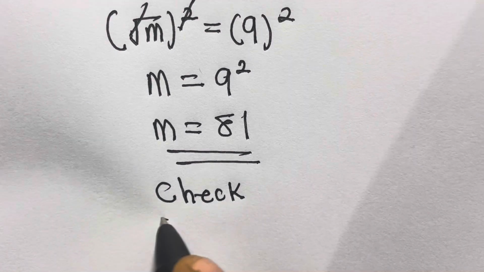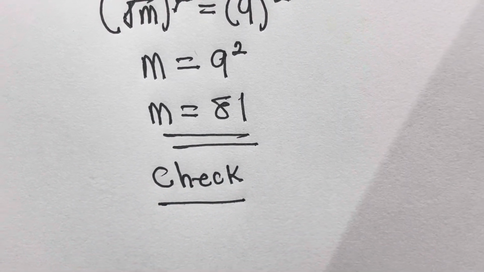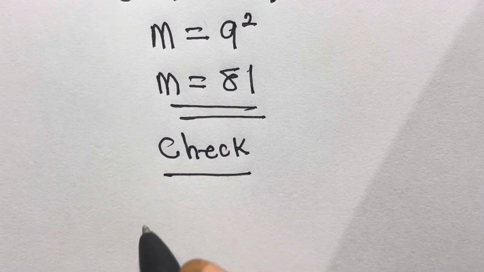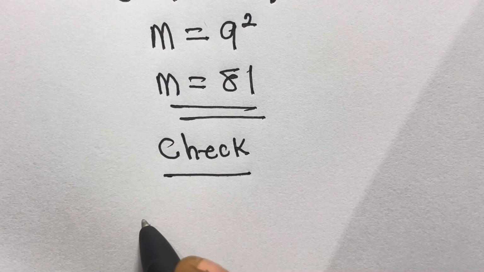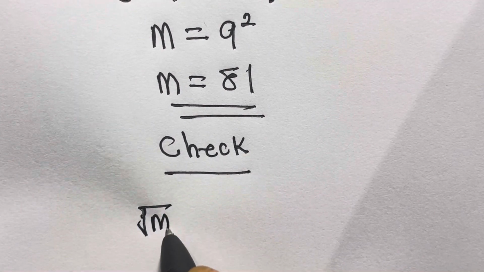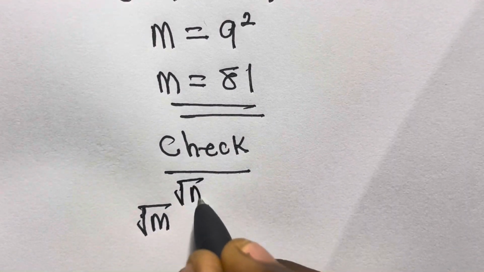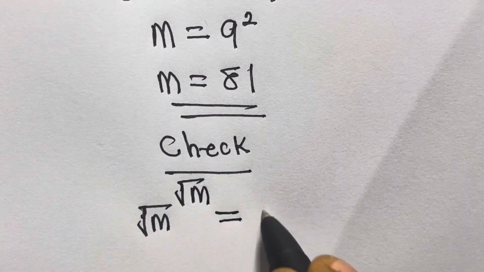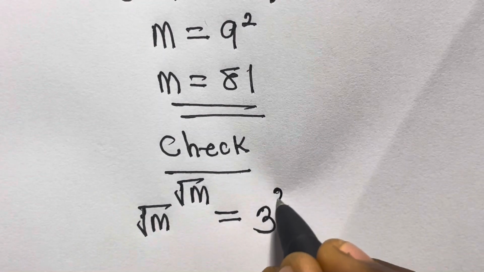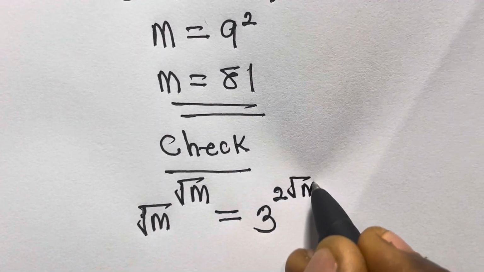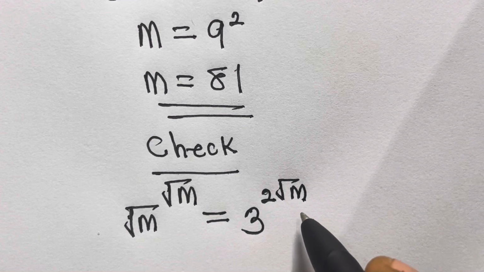So now let's check. The original equation we have is square root of m raised to power square root of m equals 3 raised to power 2 root m. There's something I want to show you here.